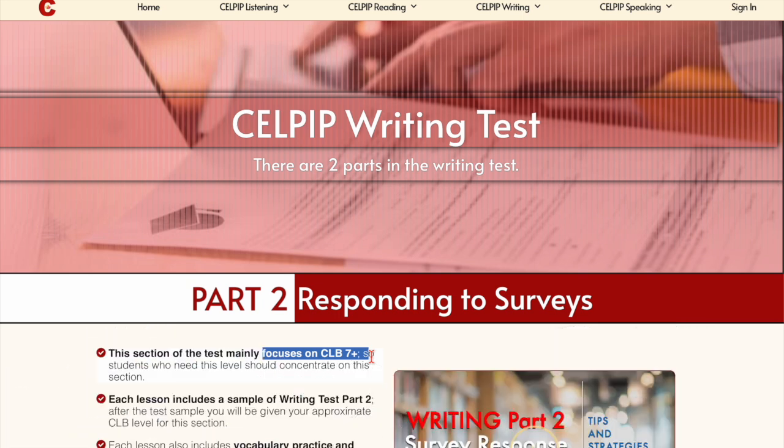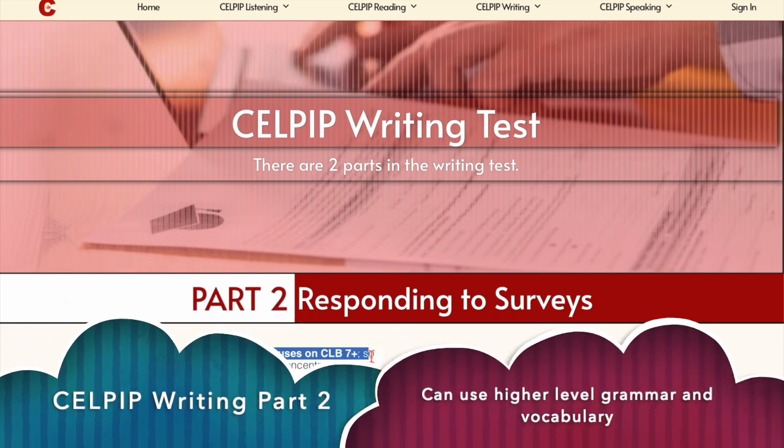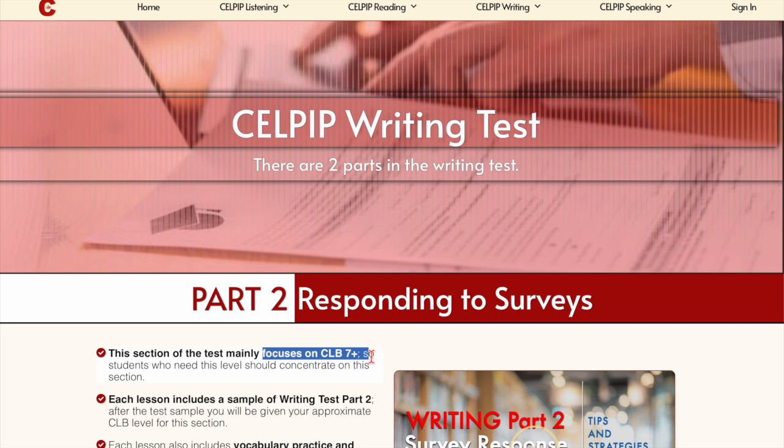And also, in this part, you can demonstrate your language skills more because you can use higher level grammar structures and even higher level vocabulary than in Part 1, okay? So for CLB 7 or higher, you need to demonstrate your knowledge more in this part than in Part 1.